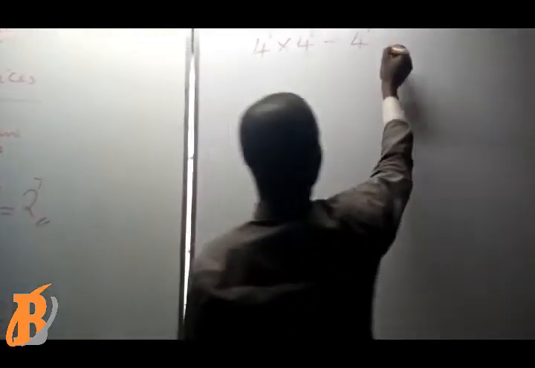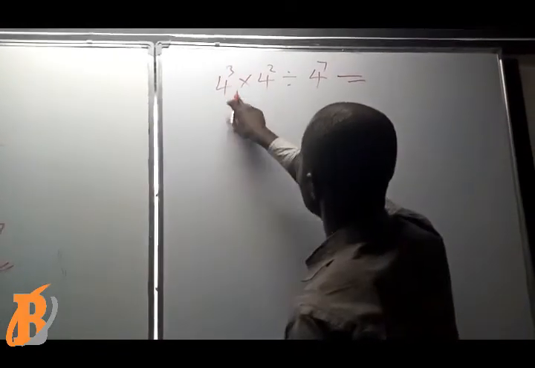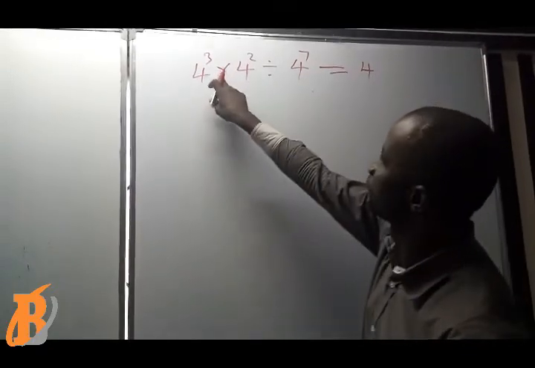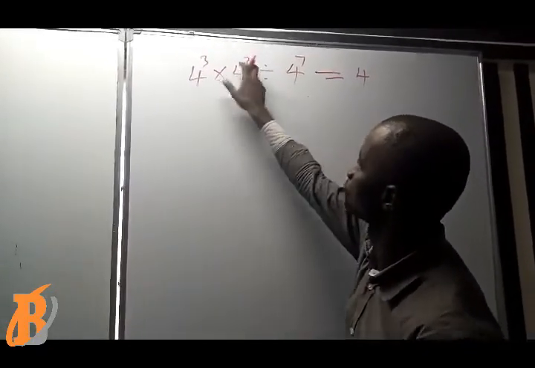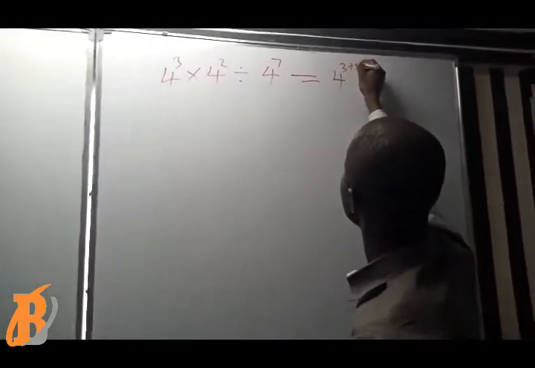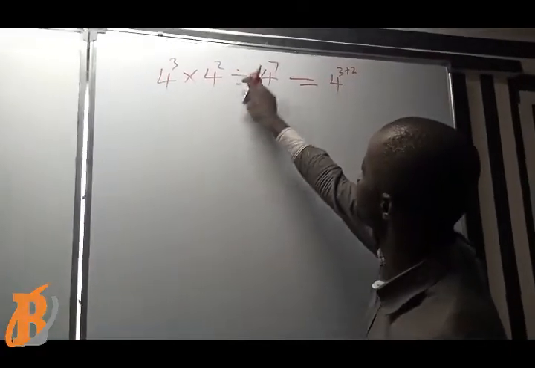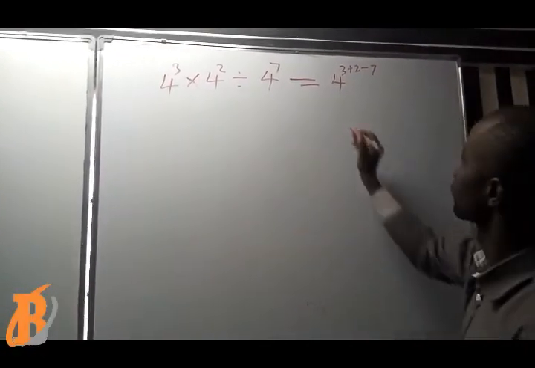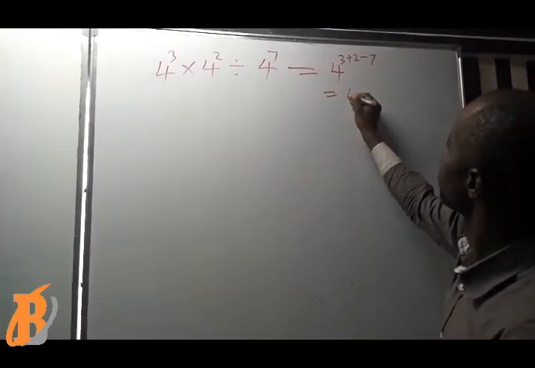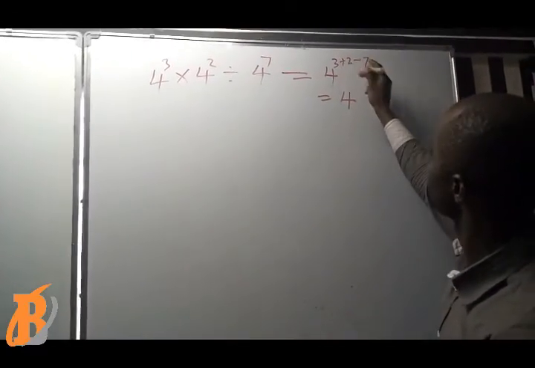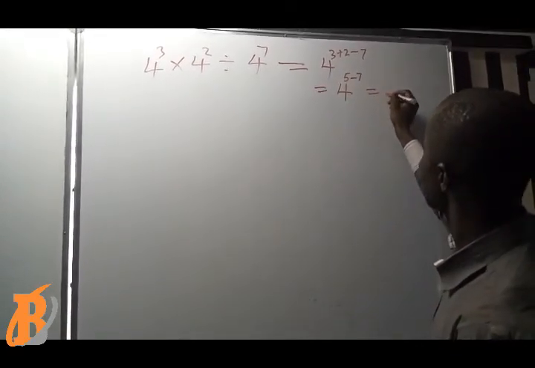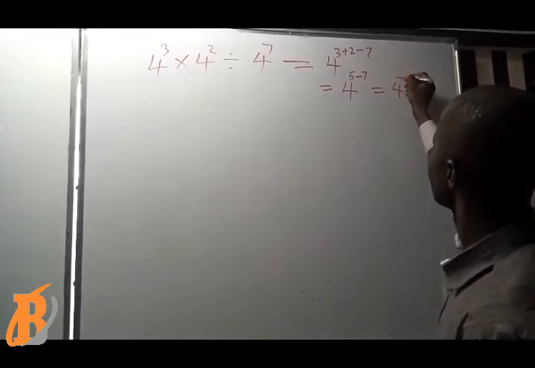Look, 4 is common as the base. This multiplication, that's 3 plus 2, and then this division, that's minus 7. Now 3 plus 2 is 5, that's 5 minus 7. And 5 minus 7 is equal to what? Minus 2.